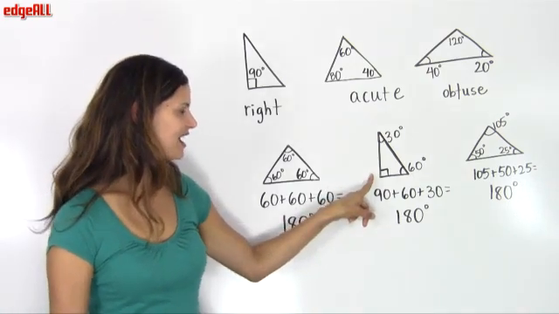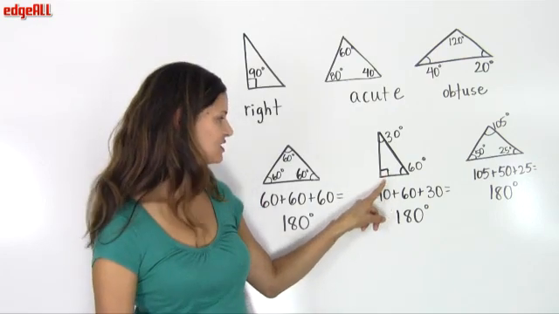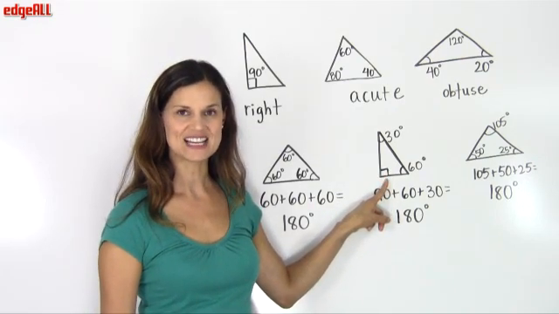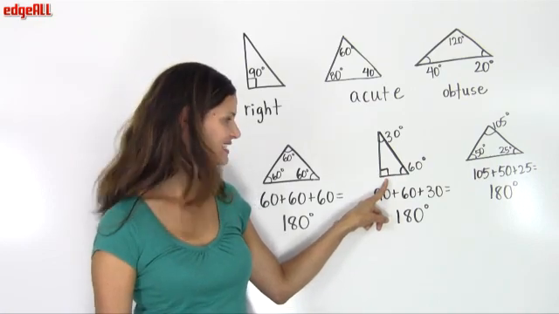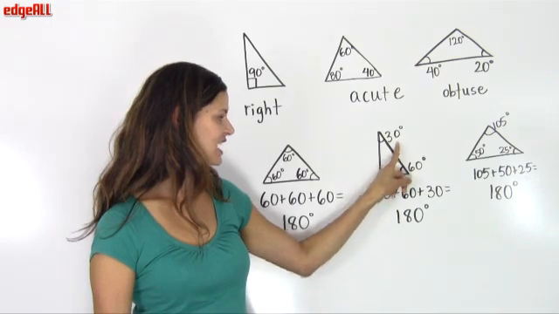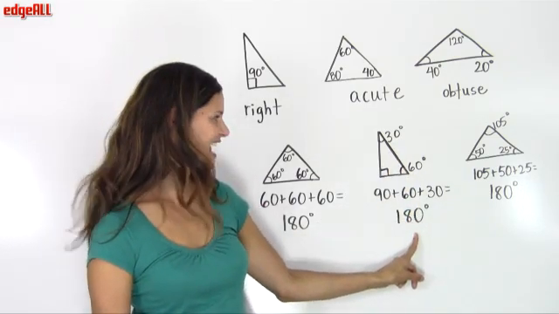In this right triangle example, we have a right triangle, which remember is marked by a little square in the corner, and that tells us that that's 90 degrees. So we have a 90-degree angle, 60 and 30. 90 plus 60 plus 30 equals 180.